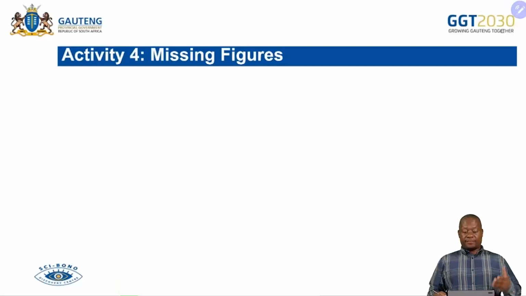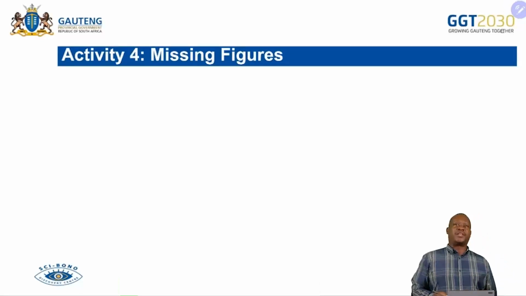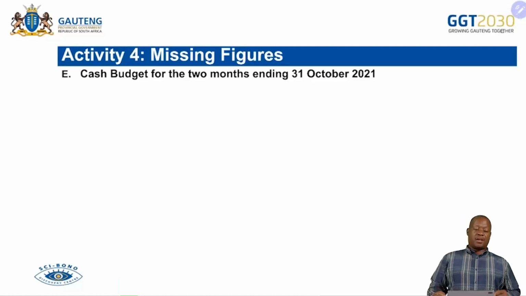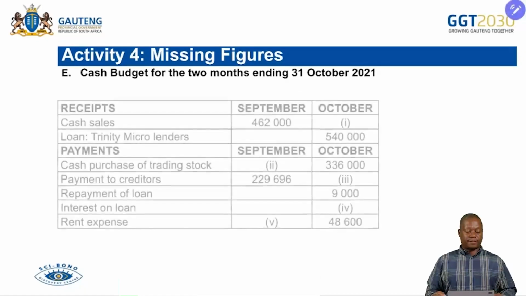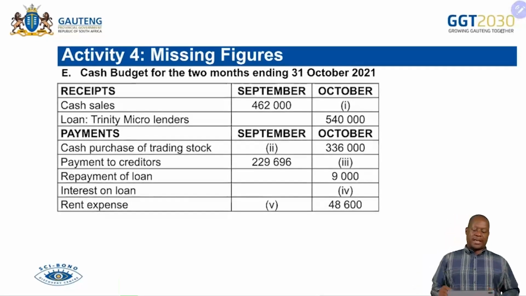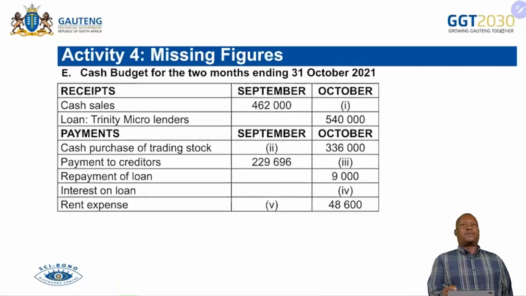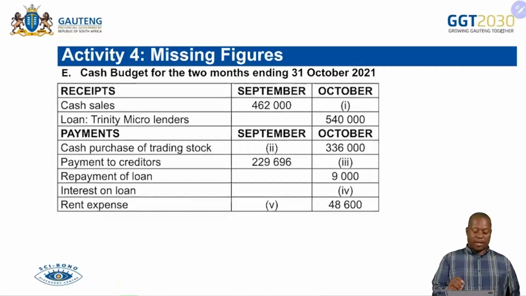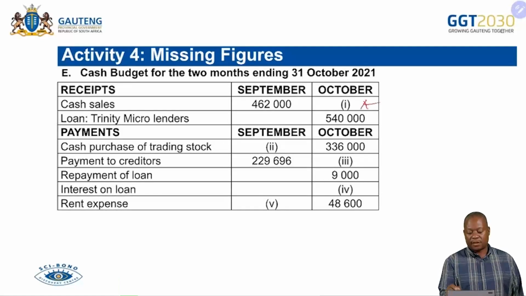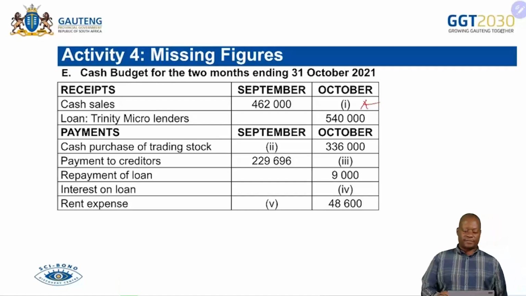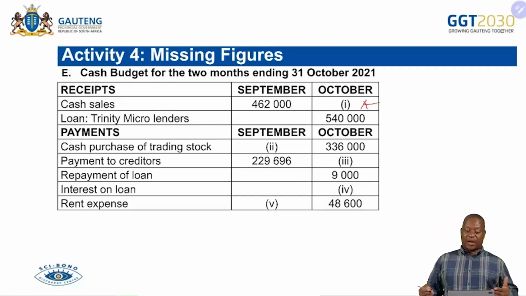And then let's go calculate the missing figures now that we are having according to our budget. Now, they're saying here there are missing figures 1, 2, 3, 4, and 5. So we need to calculate this. The first missing figure is our cash sales.